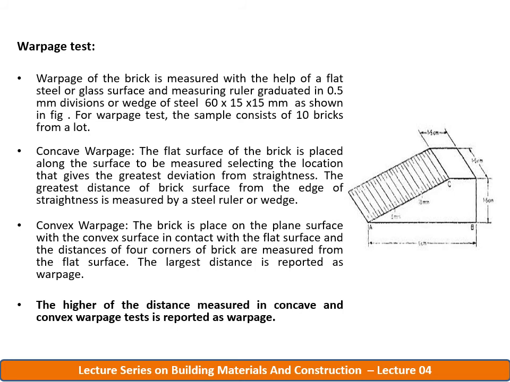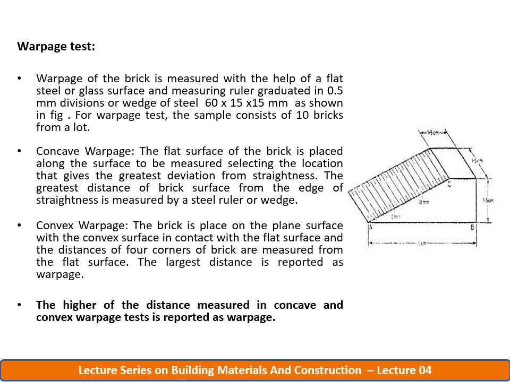In convex warpage method, the brick is placed in such a manner that the brick surface is kept on the plane surface and the convex defect of the brick at a plane surface is found. The flat distance of the brick in both the methods determines the warpage of the brick.